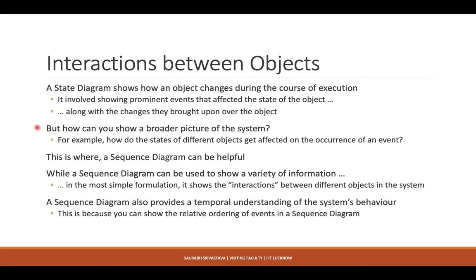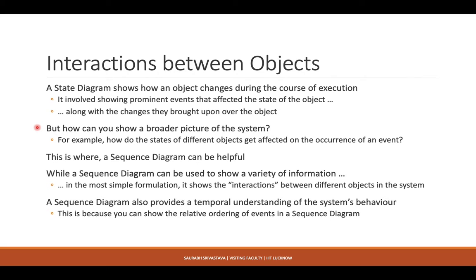So the object was processing some data, and then it realized that a certain event has occurred. That object must pass on this information to those objects which depend on that event for a state transition. But we have not seen all these things, right? Till now we have only kept our horizons very specific to a particular object.